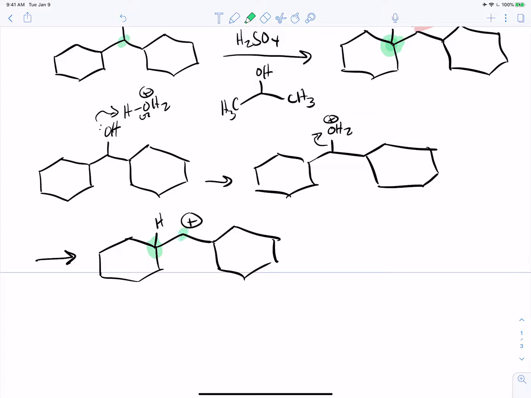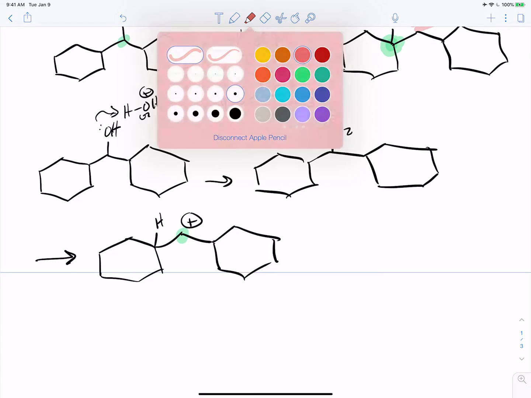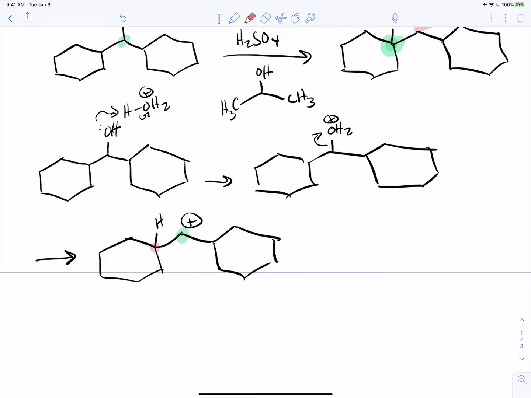This carbon is secondary, and the carbon that is next to it here, that carbon is tertiary. And so we have the potential for a rearrangement that will lower the energy of the carbocation conceivably. And this one goes through a hydride shift.